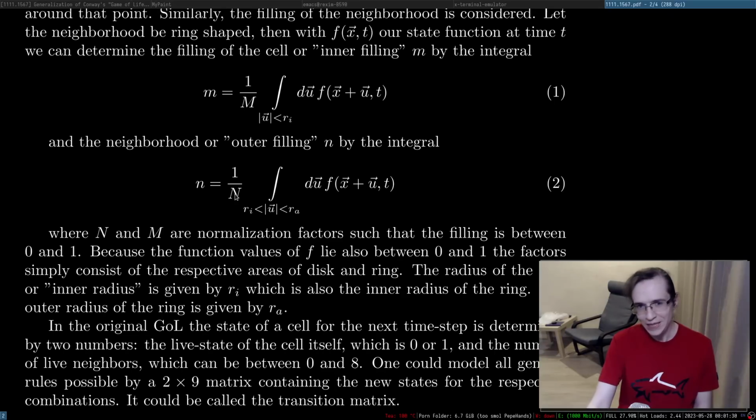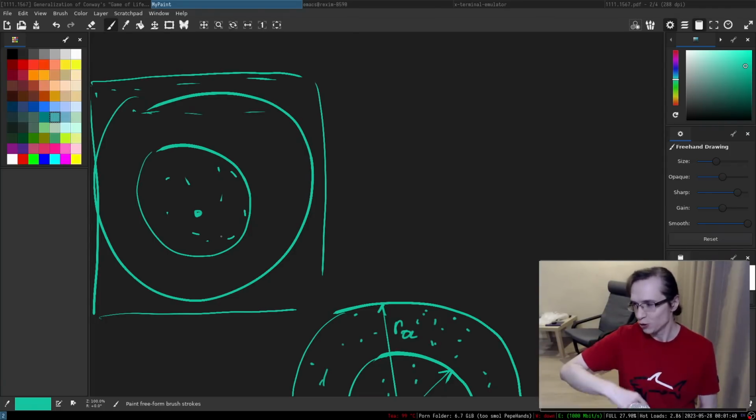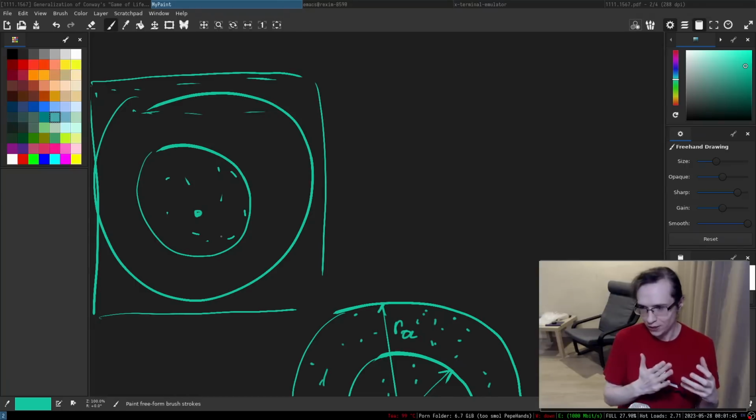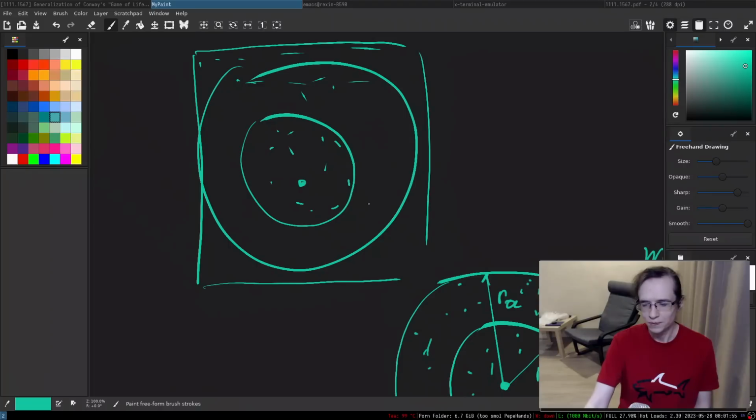And n correspondingly is the area of the outer ring in there. Right, so essentially we have to sum up all of the values within the circle and divide by the area of that circle to normalize it to a value from 0 to 1. And the same thing has to be done here, because they're going to be equal to 1 when each individual thing here is equal to 1, aka the surface of the circle. Does it make sense?